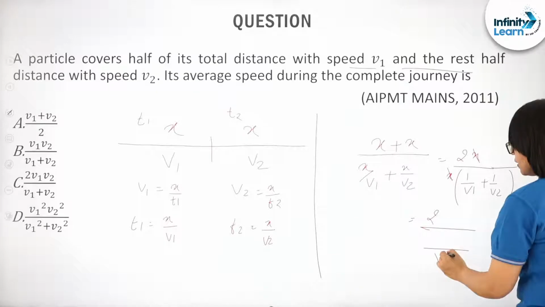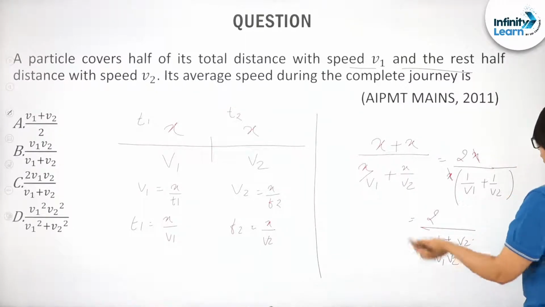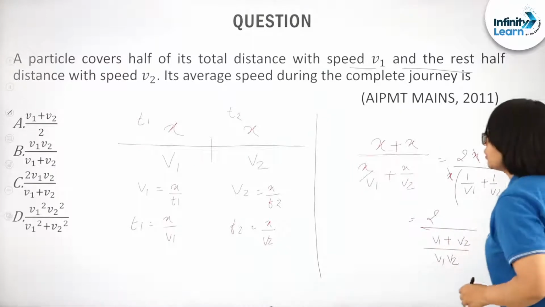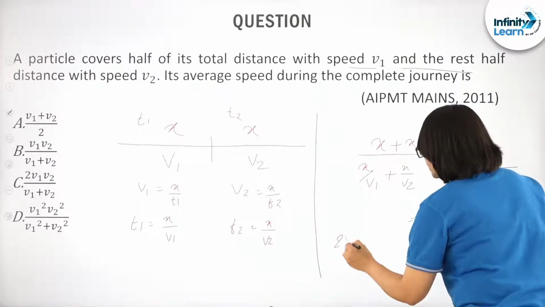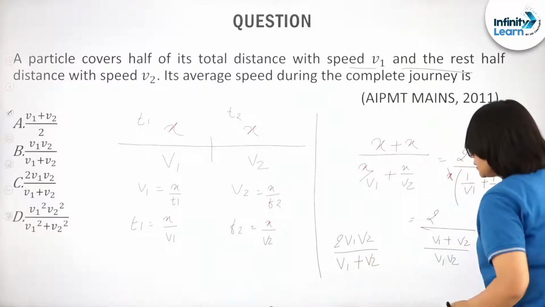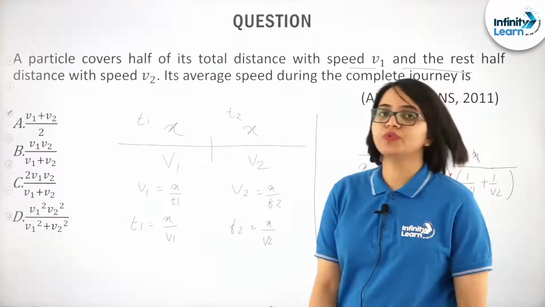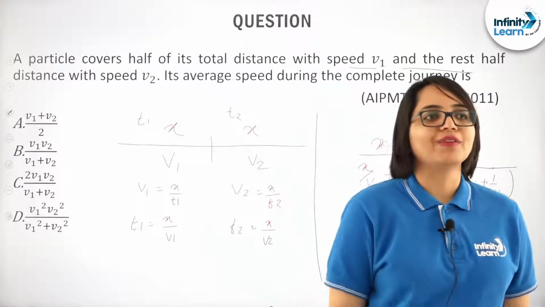You can take LCM v1 v2, so it will be v1 plus v2 in the numerator. So average speed will be 2 v1 v2 divided by v1 plus v2, which is option C, 2 v1 v2 divided by v1 plus v2.